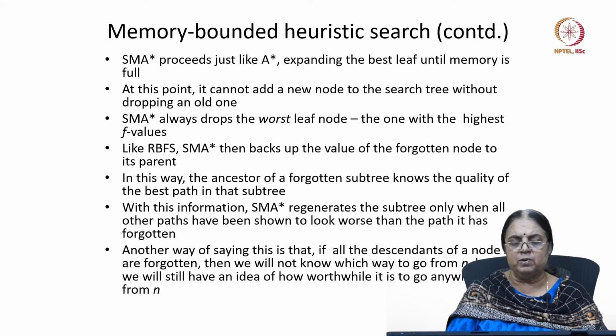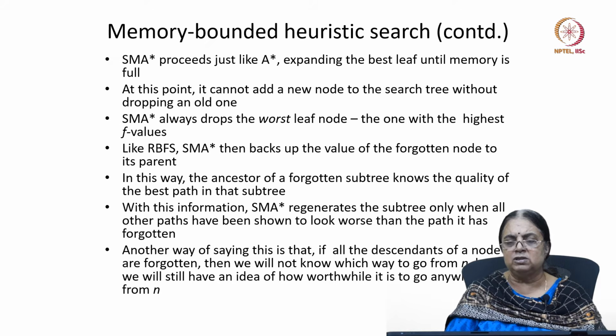If you keep doing this, even with a small memory it's possible to get a solution. The only thing is that if you have a solution at depth d, you should have at least d nodes available to you. If you don't, you will not be able to get a solution by using this method.